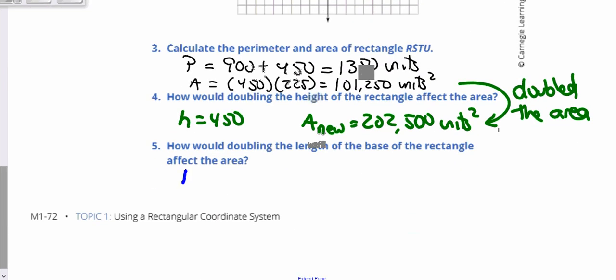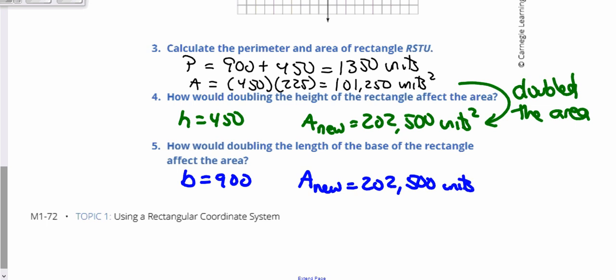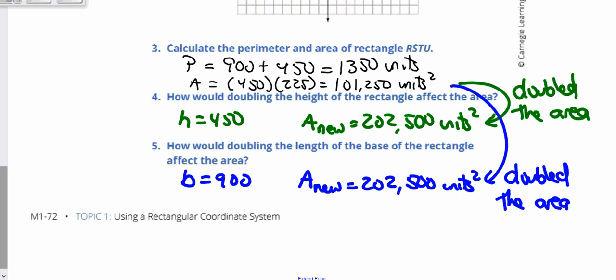So my new base now is 900. My height is still 225, so I take 900 times 225, and my new area is going to be 202,500 units squared. So again, it doubled the area. So if all you do is double one of the units, then it doubles the area.